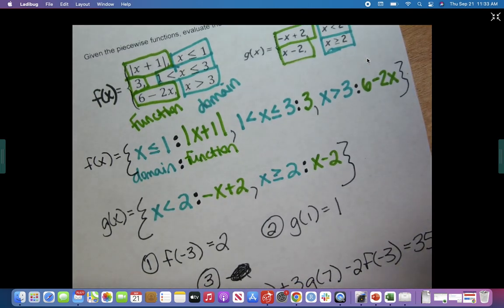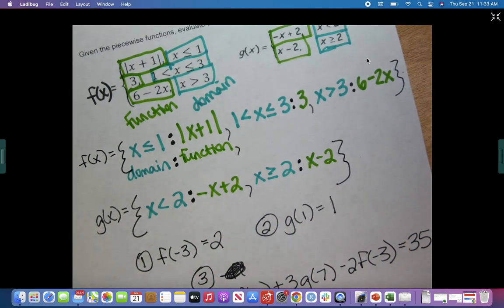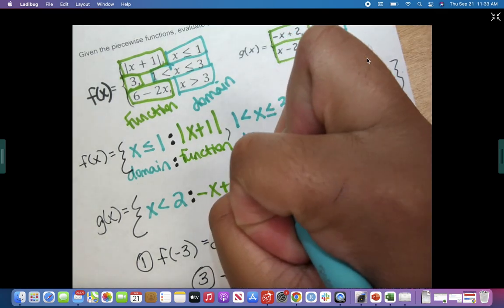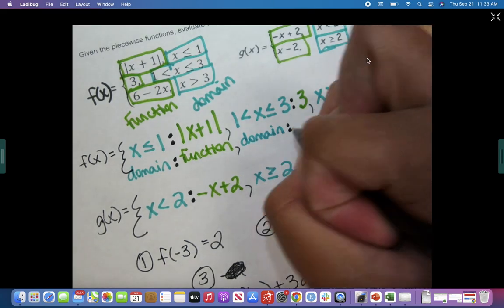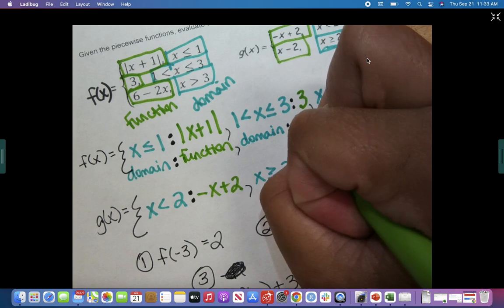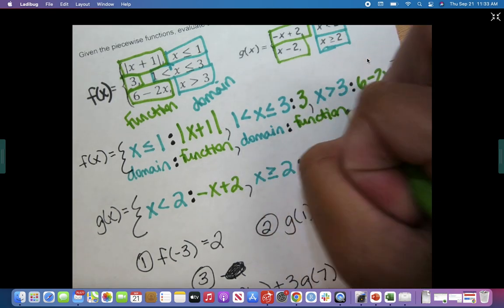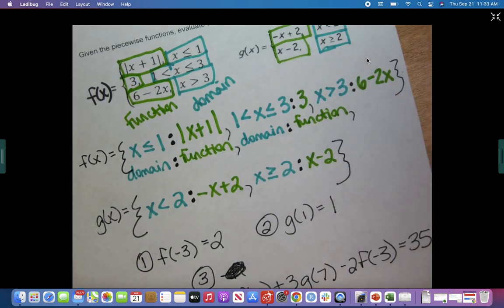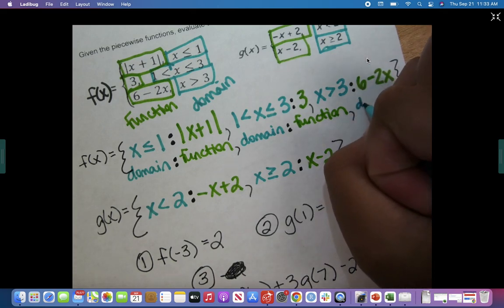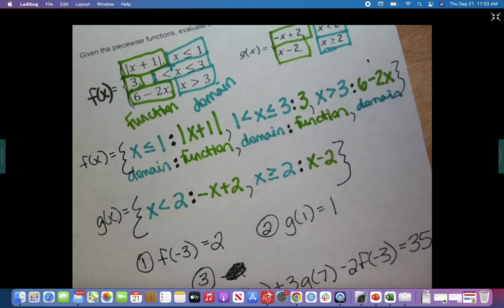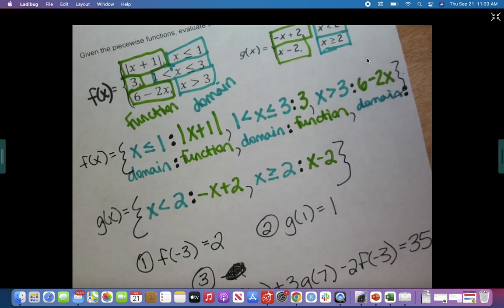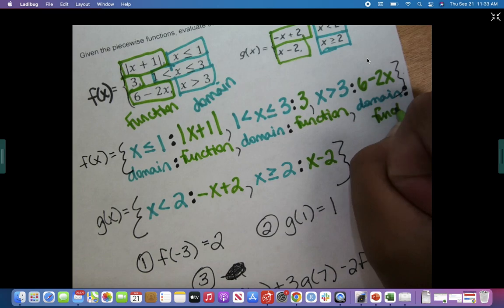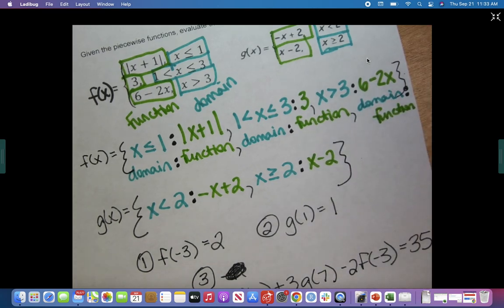And then you do that for however many pieces you've got. So usually it'll be like 2 or 3 times depending on how many pieces. And then you separate each piece with a comma. So domain colon function, that's one part. And then you separate each part with a comma. All right, and that is piecewise.